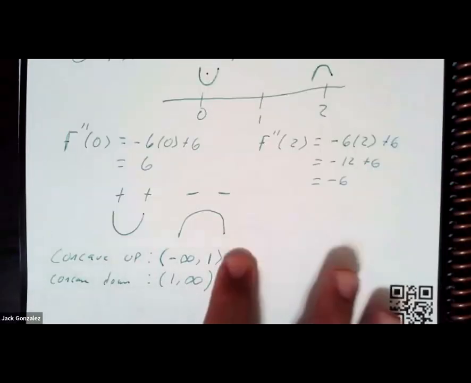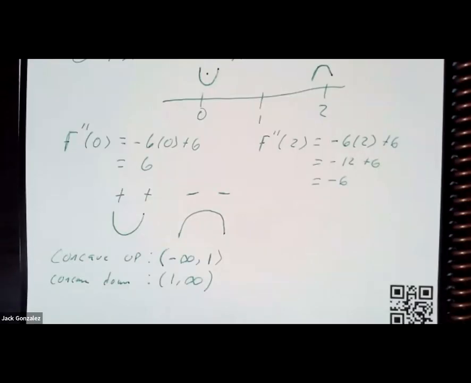So the concave down was from 1 to positive infinity. Because it was down, isn't that like going through the negative y-axis? Wouldn't that be negative? What do you mean? Let me put the graph back.